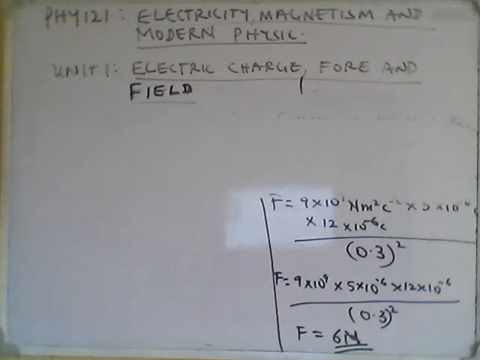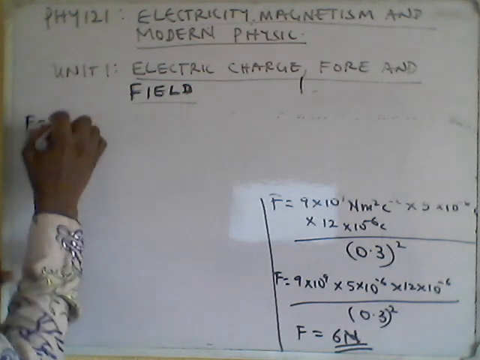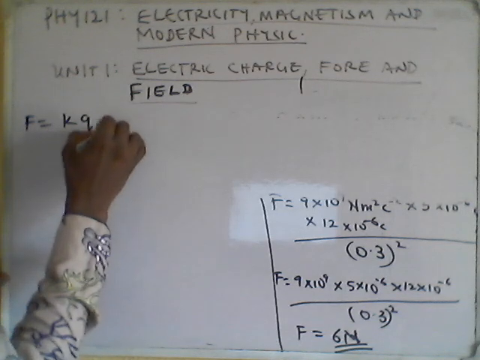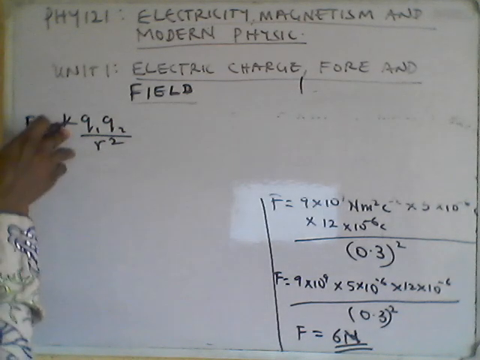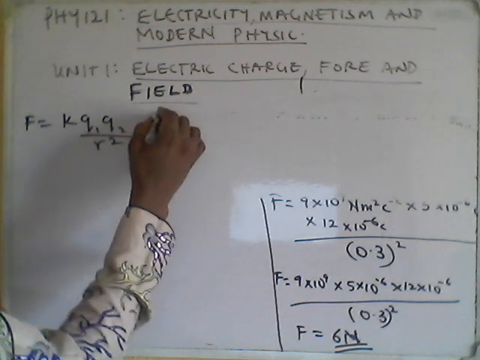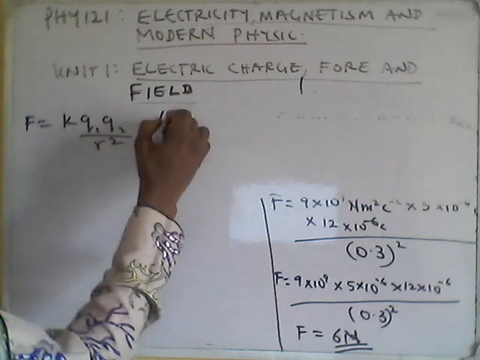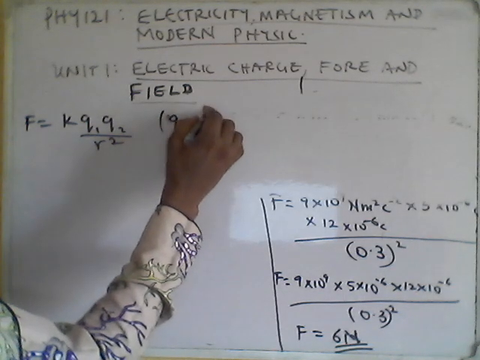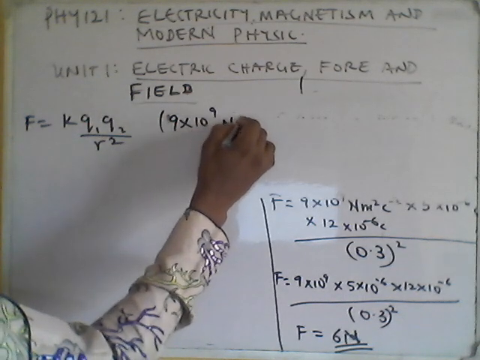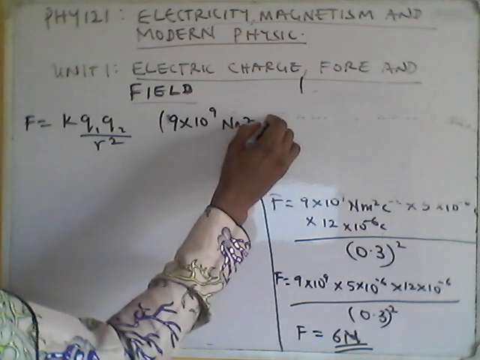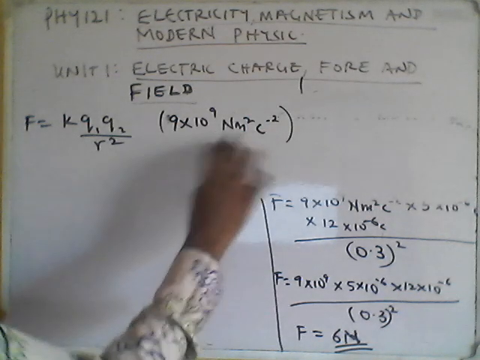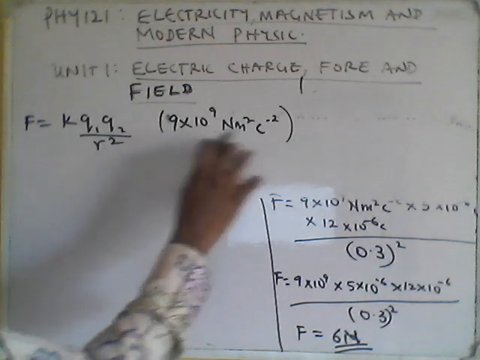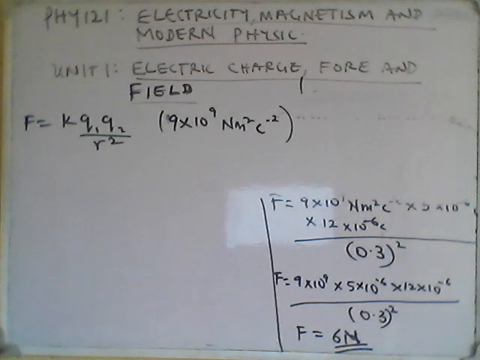So in physics, if you are given a formula like F is equal to K Q1 Q2 all over R squared, and I want to get the unit of K. We said that K is a constant, 9 times 10 to the power 9 Newton meter square Coulomb raised to the power minus 2. How did we get this unit? It's a derived unit. You have fundamental units and you have derived units.